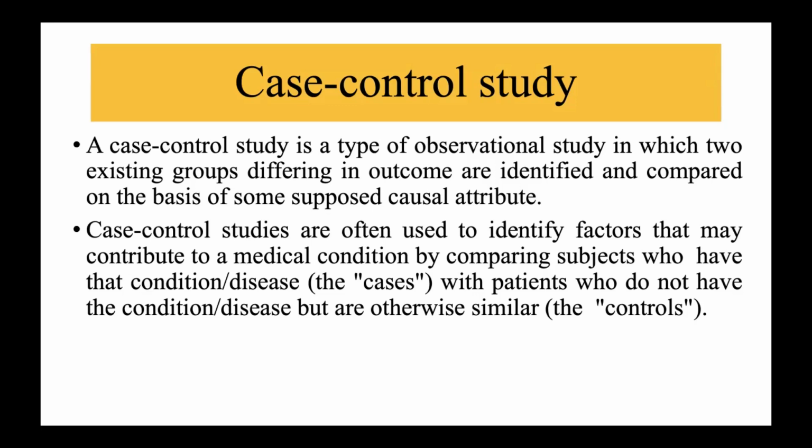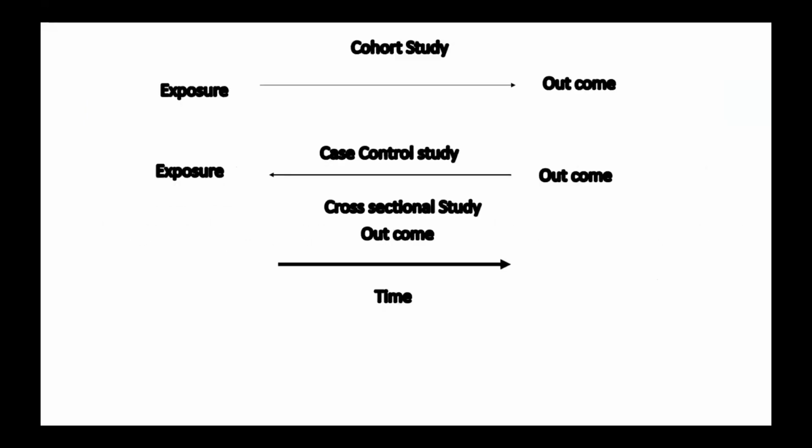Case control studies are often used to identify factors that may contribute to medical conditions by comparing subjects who have the condition or disease, called the cases, with patients who do not have the condition but are otherwise similar, living in that area.